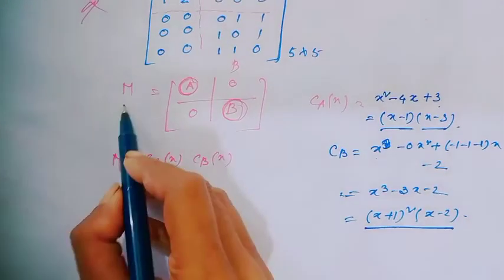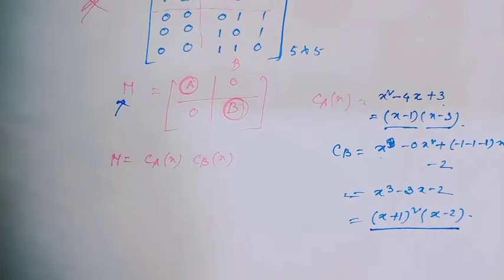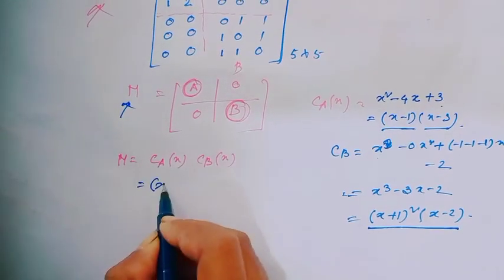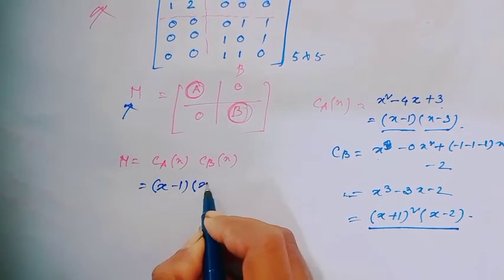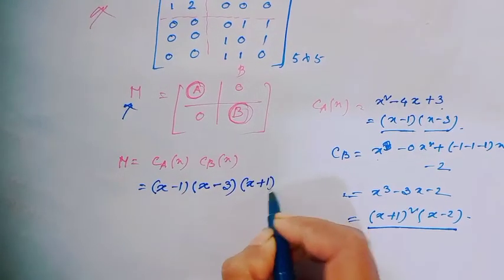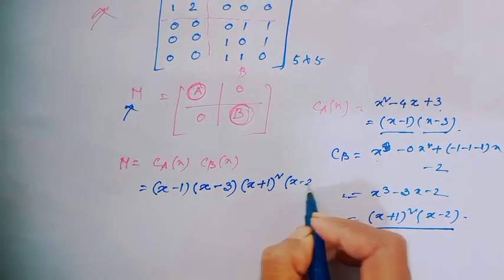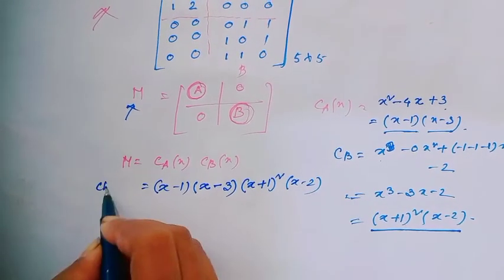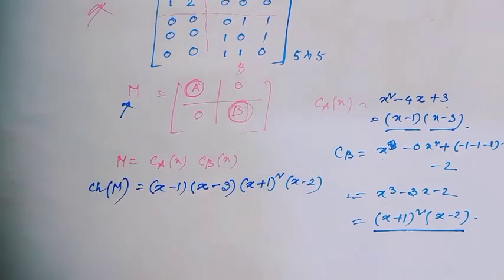That means the characteristic polynomial of this matrix M is (x minus 1)(x minus 3)(x plus 1) whole squared (x minus 2). This is the characteristic polynomial of the matrix M.